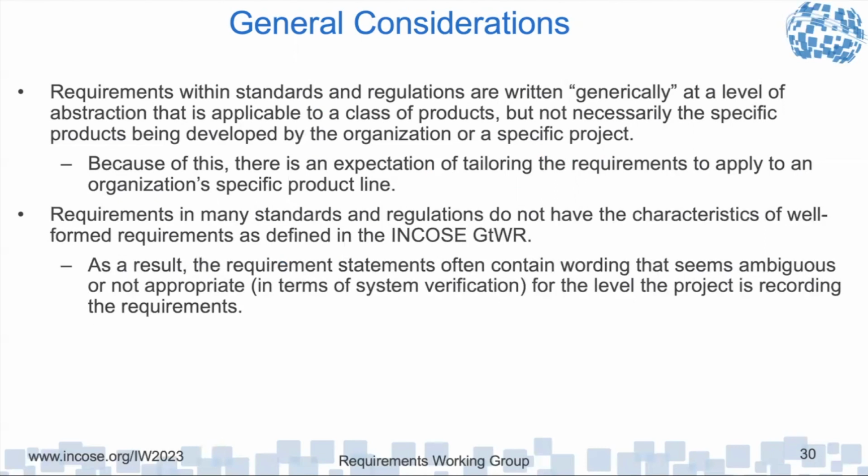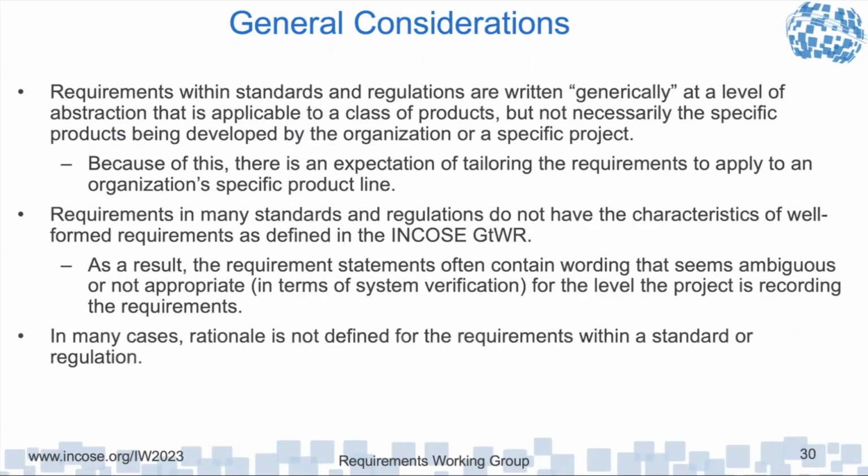Another problem is that requirements and standards regulations do not have the characteristics of well-formed requirements as defined in the COSI Guide to Writing Requirements. I've read so many requirements and standards that are very poorly written, and part of it's because they are on purpose written generically. It's hard to understand what the intent really is and how you'd actually show that you met the intent of that requirement.